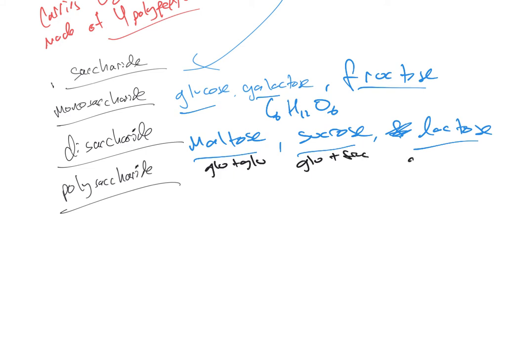And lactose is glucose plus galactose. Okay? So, glucose, galactose, fructose are your monosaccharides. They form maltose, sucrose, lactose. So, maltose is glucose and glucose. Sucrose is glucose and fructose, and lactose is glucose and galactose.